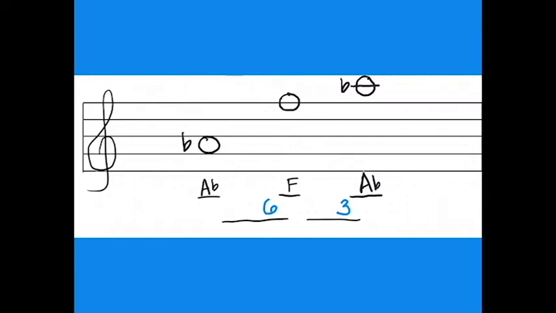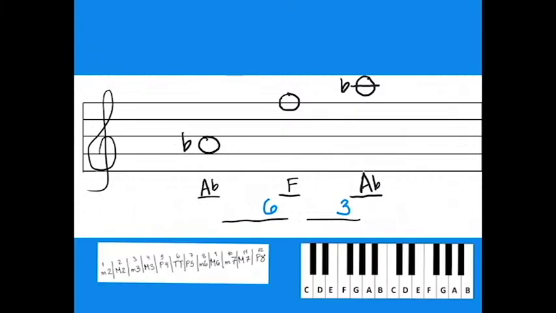So the next question is, how does the interval quality play into all of this? So using our old counting half steps method, let's figure out the quality of our original interval A flat to F and our inverted interval F to A flat. So first we're going to find A flat to F. So let's look at our keyboard.